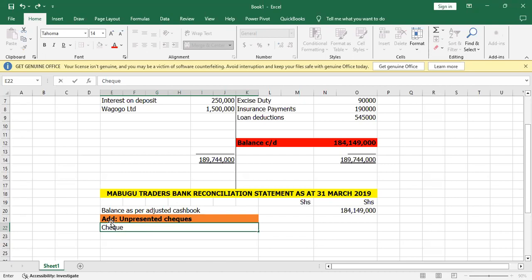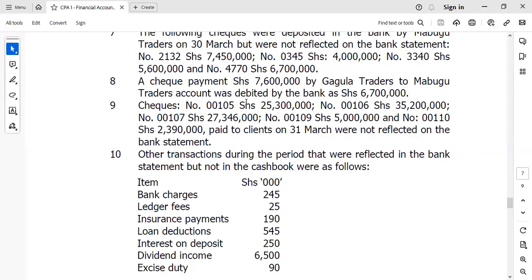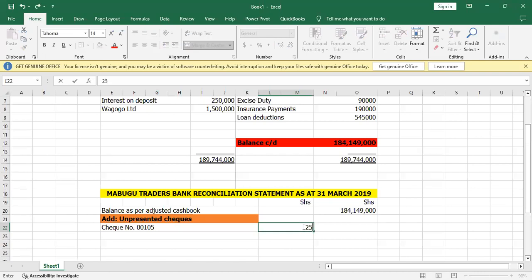So you have check number 00105. How much is this? 25.3. So here we have 25.3.